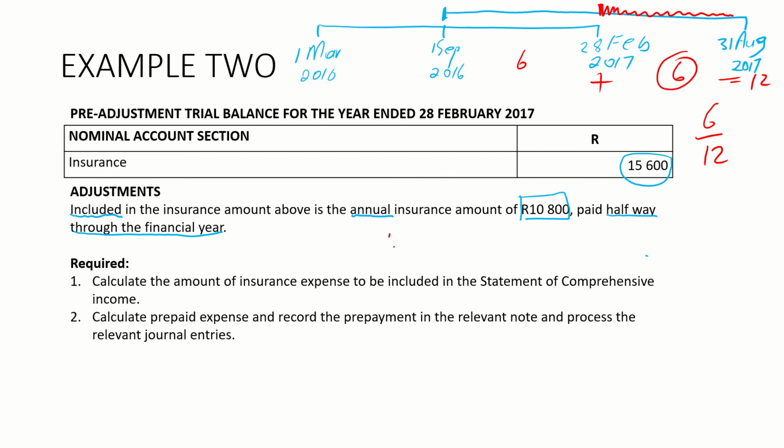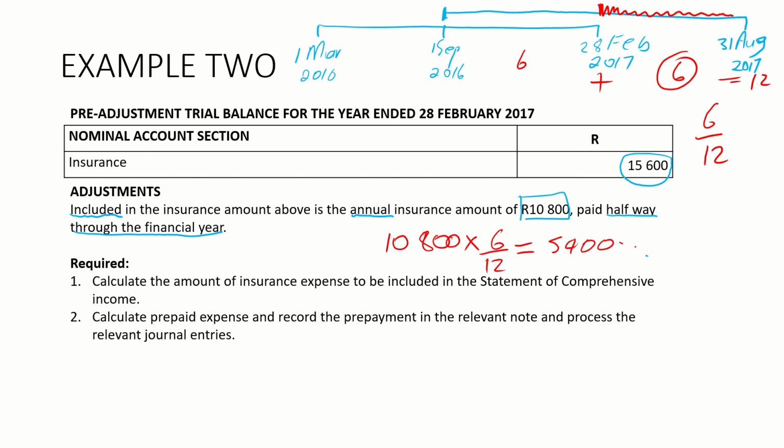You will simply take the 10,800 multiplied by 6 divided by 12. It will give you 5,400. Yes, it's 5,400.